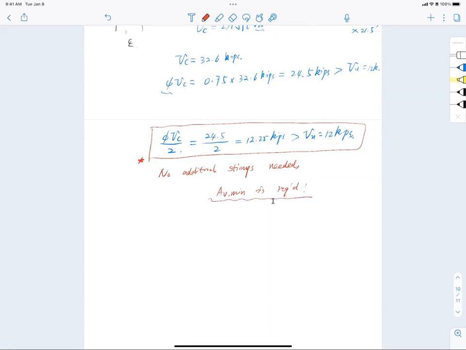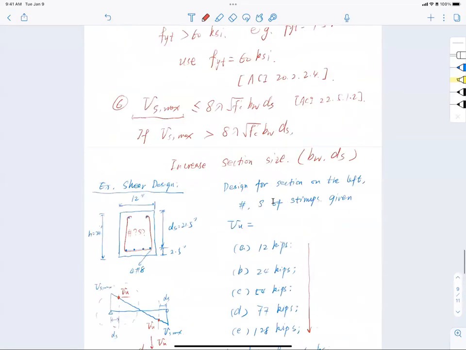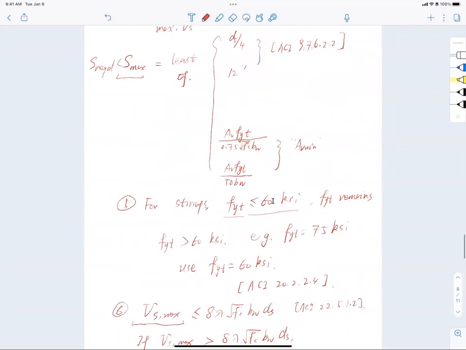So what is this minimum shear resistance? You remember Av min has to be greater than or equal to two things, from these two equations right here. I may have forgotten one from the previous one, but these two.